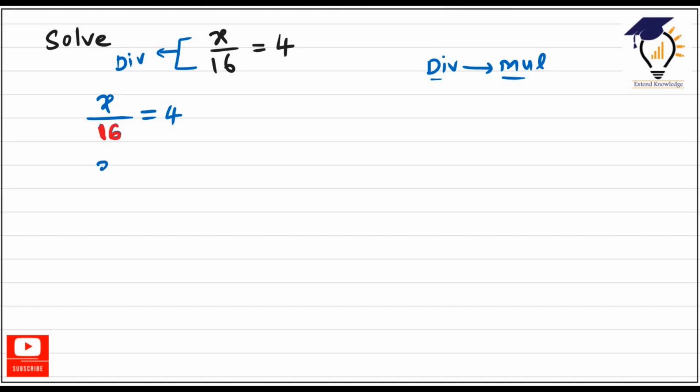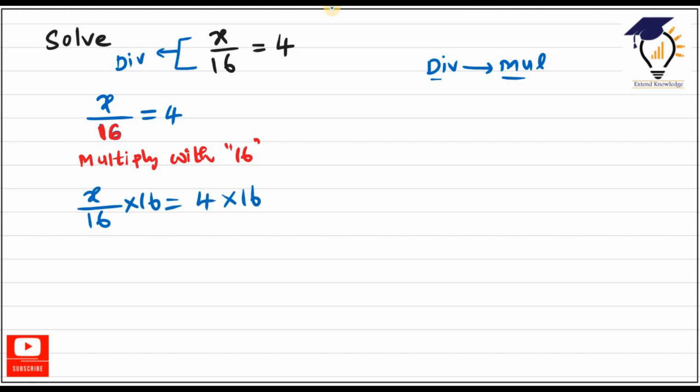So I am going to multiply with 16 on either side. What happens here is x over 16 times 16 is equal to 4 times 16. I have multiplied 16 on either side. Let us simplify this. 16 times 1 is 16, strikes off and nothing is left over.